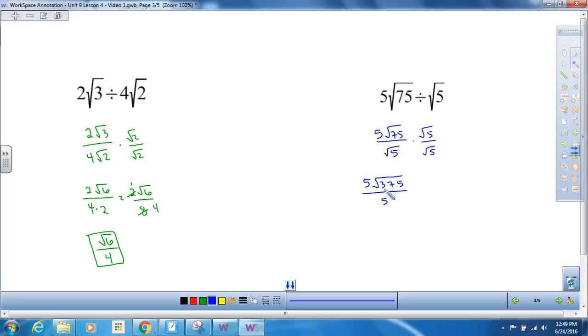So 375, I need the largest perfect square that goes into 375. It's going to be 25. 25 times 15.